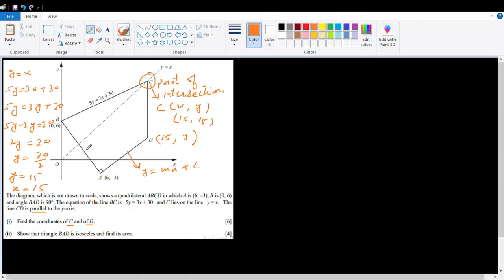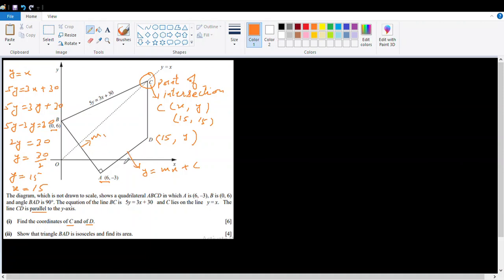How will it work? Because you know that line BA or AB is perpendicular to line AD. B's and A's coordinates are given, so by using these two points we can find the gradient m1 of this line.